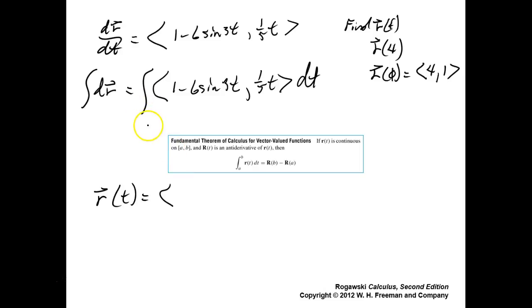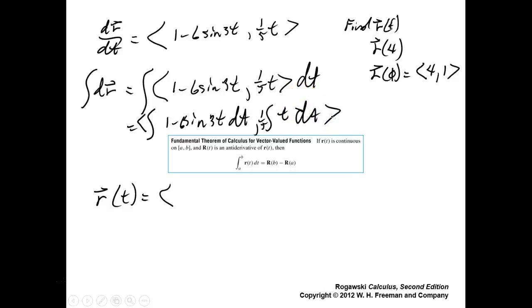Do you want an extra step in there? Probably need it. Okay, let's do an extra step. The vector whose integral of 1 minus 6 sine 3t dt, comma, integral of one fifth t dt.